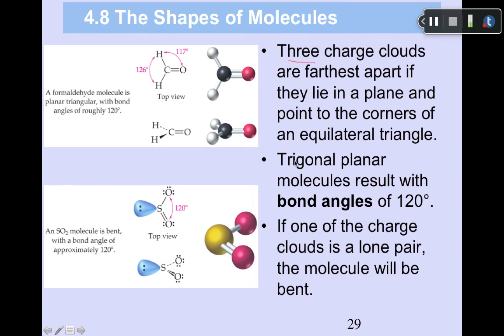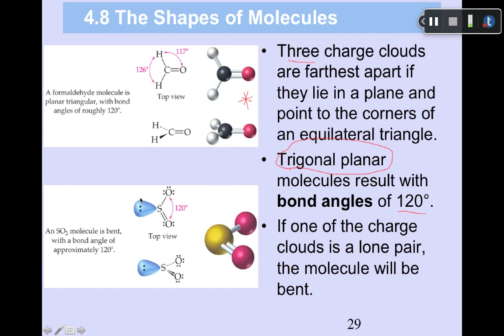They're farthest apart if they lie in a flat plane, and that becomes like an equilateral triangle. The geometry is trigonal planar for the electrons, and their bond angles are going to be 120 degrees. If you don't have any lone pairs, such as shown at this top example and the one we already did at the end of the POGIL exercises, you just have 120-degree angles, more or less.